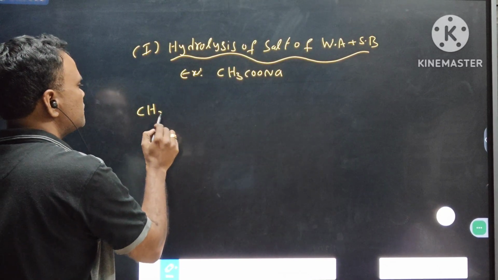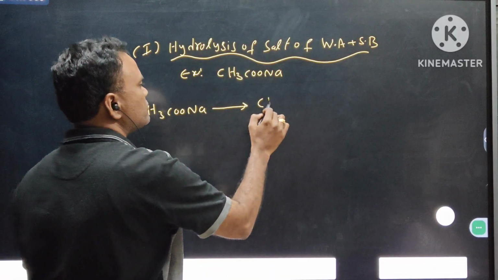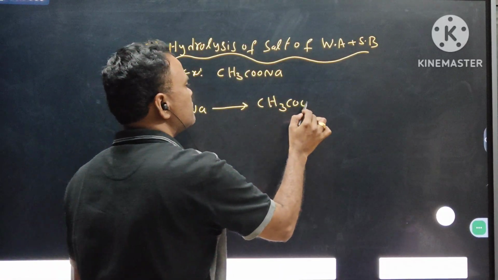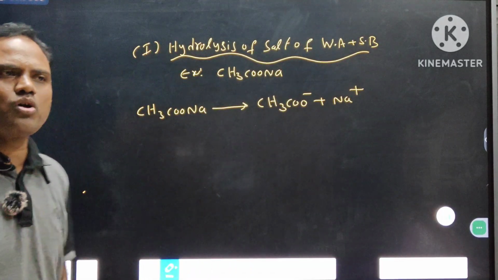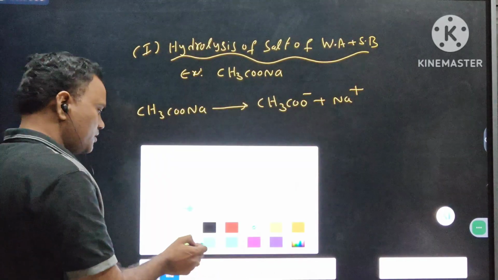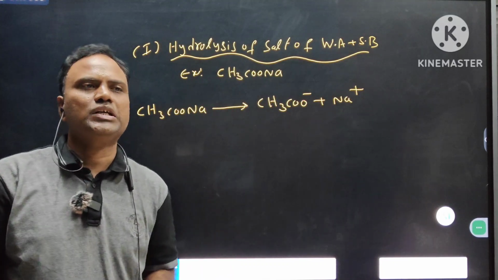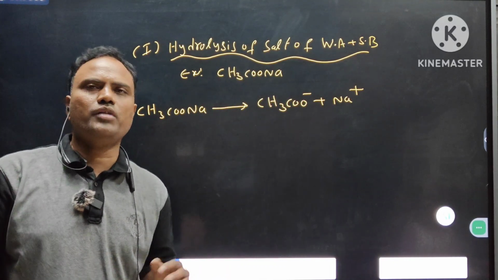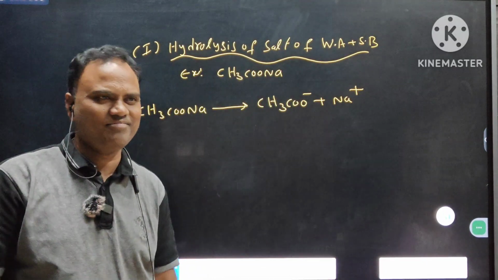See the procedure, all of you. How I am doing. CH3COONa. How will it dissociate? It dissociates into CH3COO negative and Na positive. Which is strong here? What I said: the one which comes from the weak is strong. The one which comes from the strong is weak.